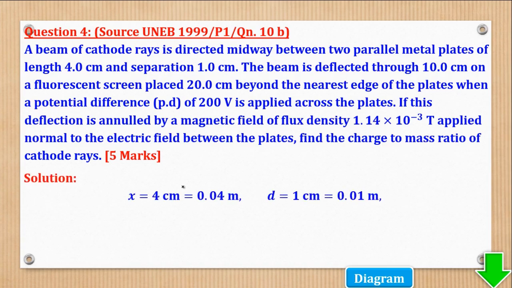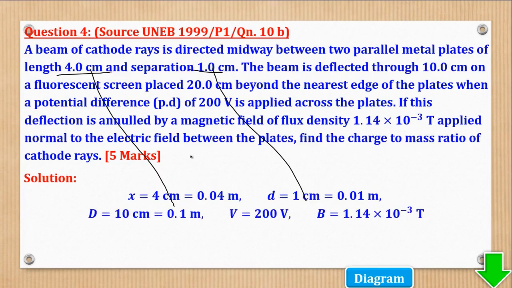So first we will interpret the question. X, which is the length of the plates. If you look at the question, the length was that. Then D, which is the separation of the plates. Small d. Then capital D was the deflection. Here they said deflected through this on the screen. So that is capital D. Okay.